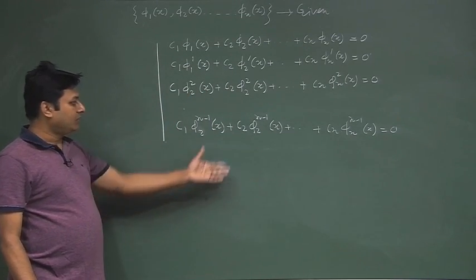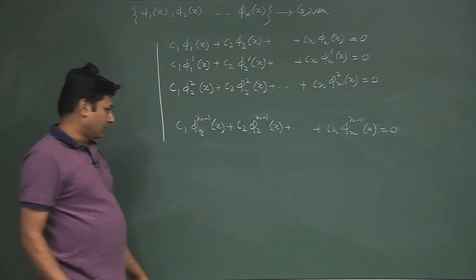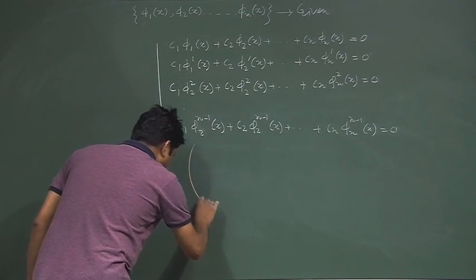If I write these n equations in matrix form, how does it look?